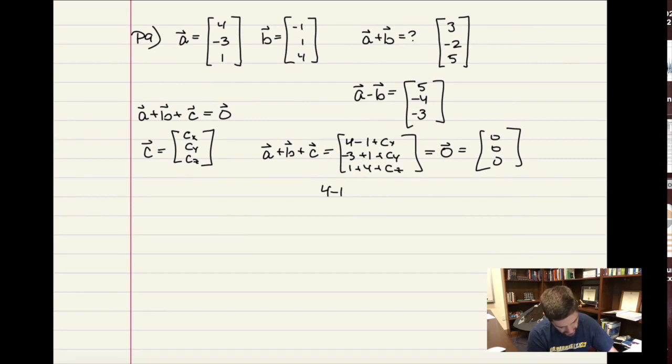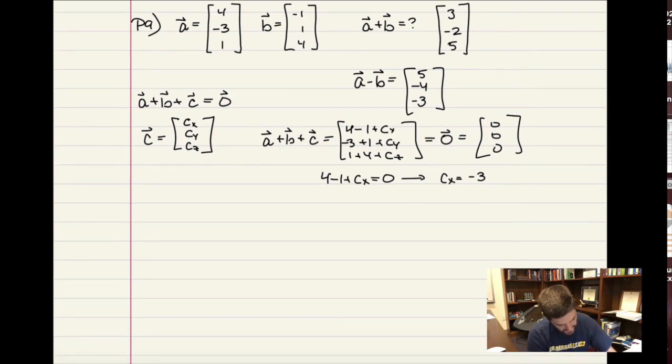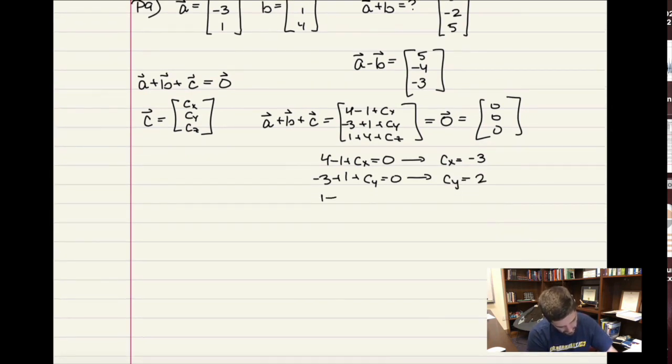So that suggests 4 minus 1 plus cx equals 0, or that cx equals -3. -3 plus 1 plus cy equals 0 suggests that cy equals 2. 1 plus 4 plus cz equals 0 suggests cz equals -5. It's nice because the algebra of each dimension can operate independent of each other.